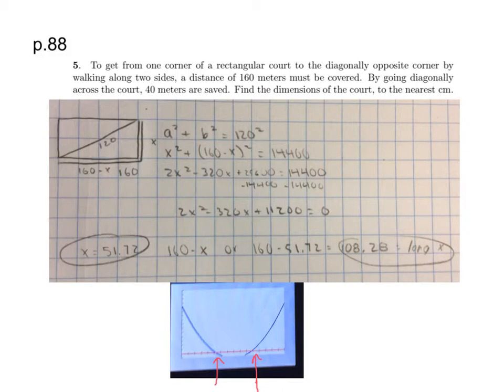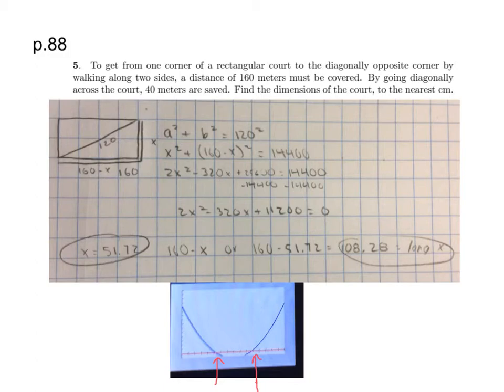And when you solve all this out, you get 2x squared subtract 320x plus 25,600. You have to get this side equal to 0, so you subtract 14,400 from 25,600, and you get 2x squared subtract 320x plus 11,200 is equal to 0.